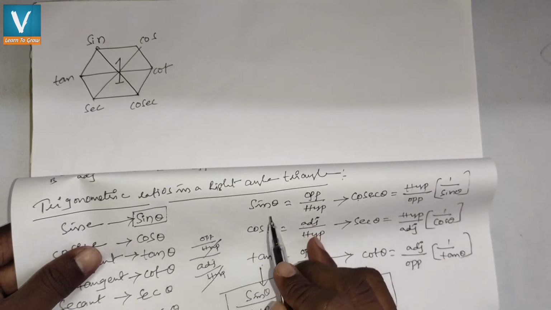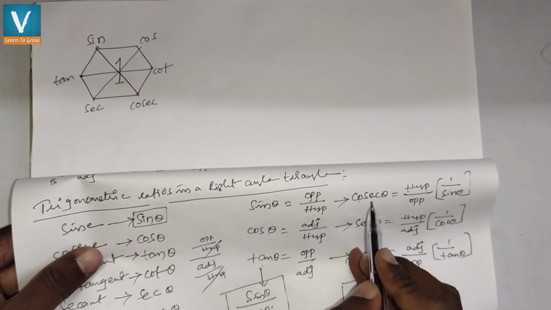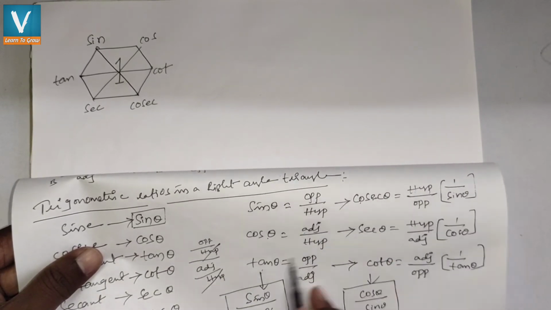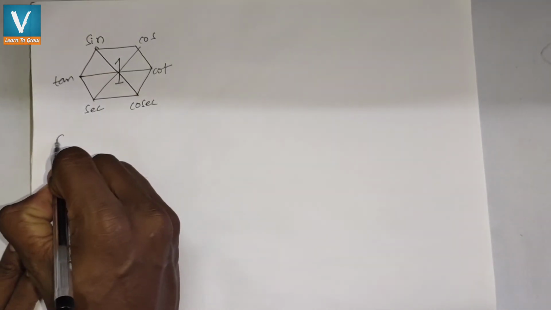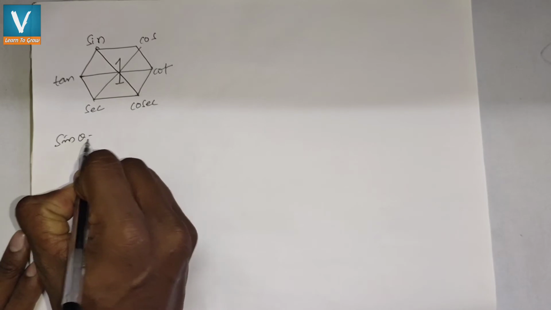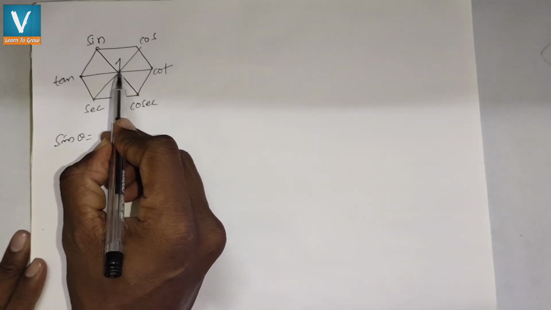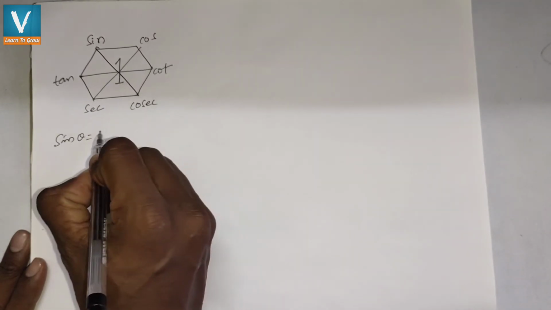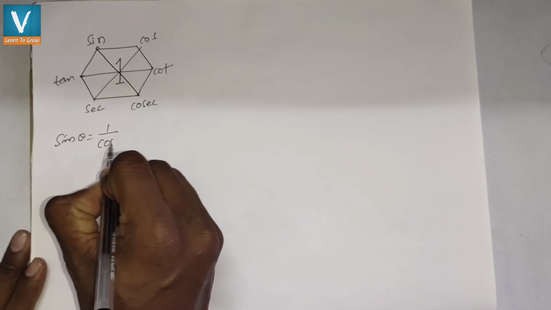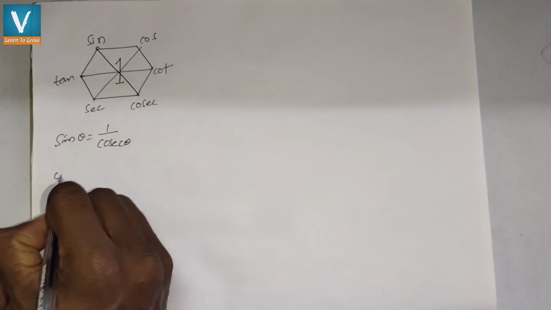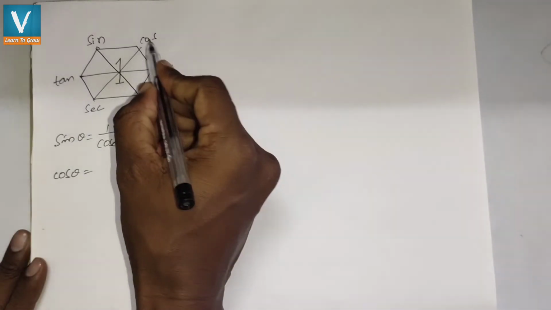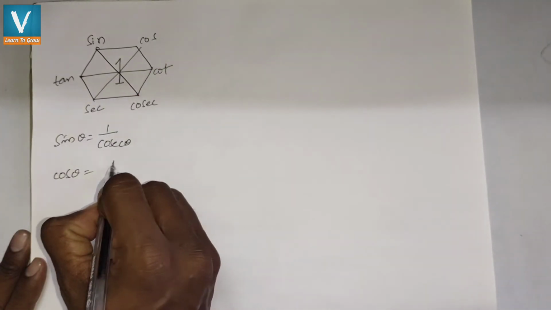Now we'll see the relation between sine and cosec, cos and sec, tan and cot. I'm writing the formula. First, sine theta is equal to 1 by cosecant. Then cos theta is equal to 1 by secant.